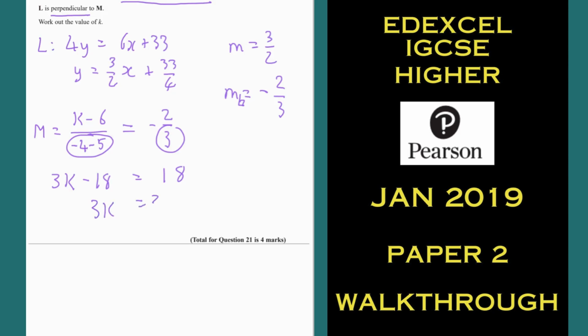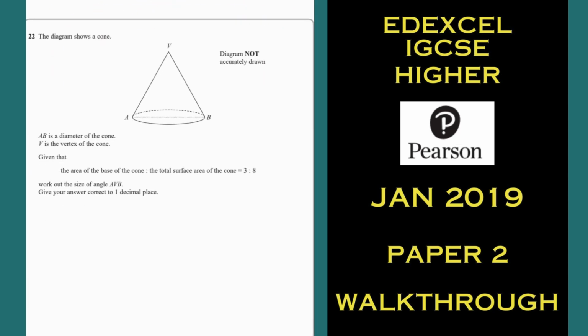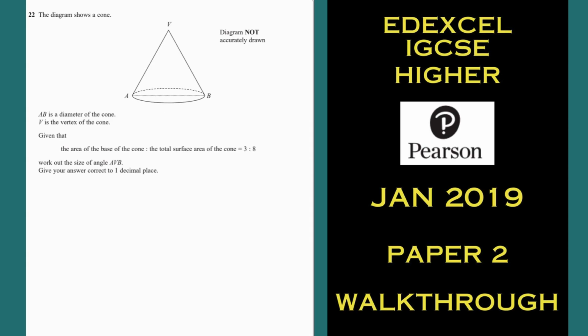Adding 18 to both sides, k is 12. But even if you hate those questions, I've said it before, I'll say it again, at least find the gradient and at least flip it and change the sign so that you can just bank a couple of marks. Don't accept 0 for them. There's more to come.